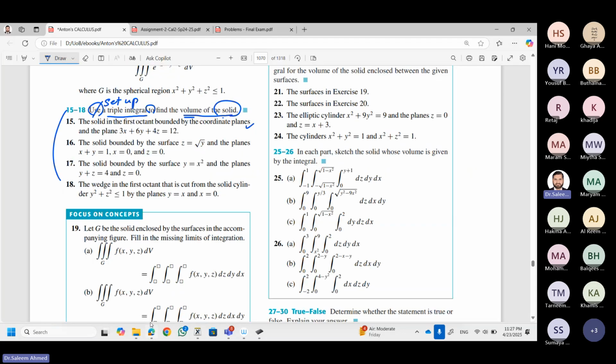Now your solid is in the first octant, bounded by the coordinate planes and the plane.